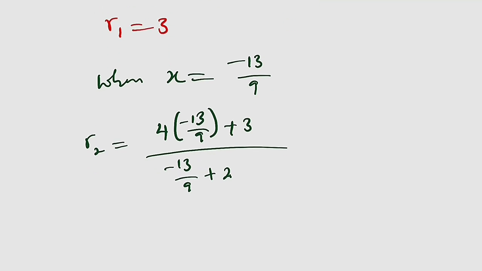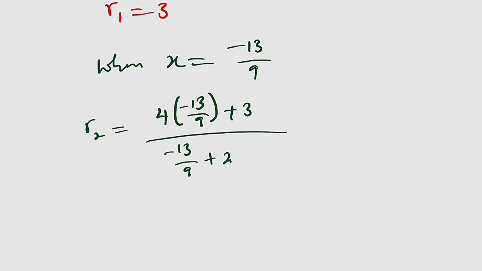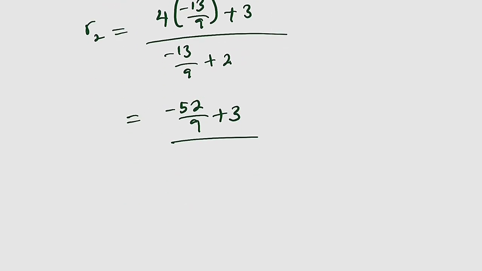All right, let's simplify the top. 4 multiplied by negative 13 will give us negative 52. So we have negative 52 divided by 9 plus 3. For the bottom, you can take 2 and multiply by 9, that will give us 18. Then 18 plus negative 13 will give us 5. So this is 5 divided by 9.